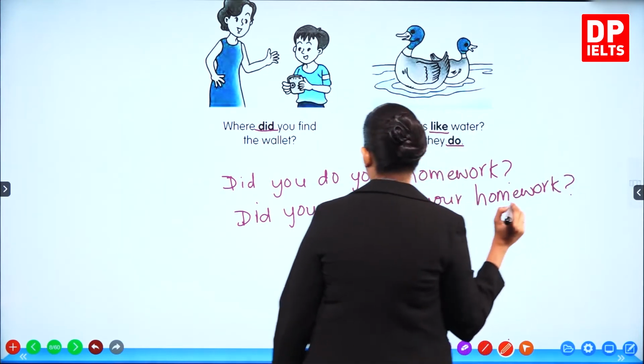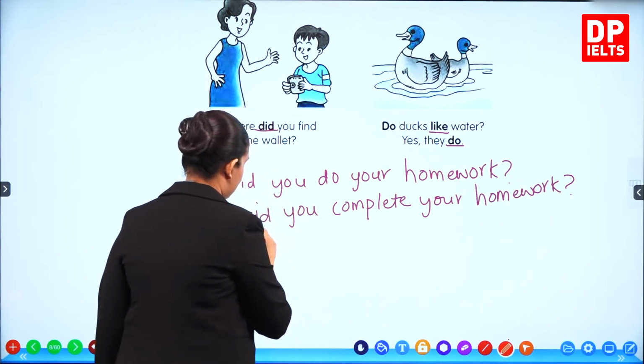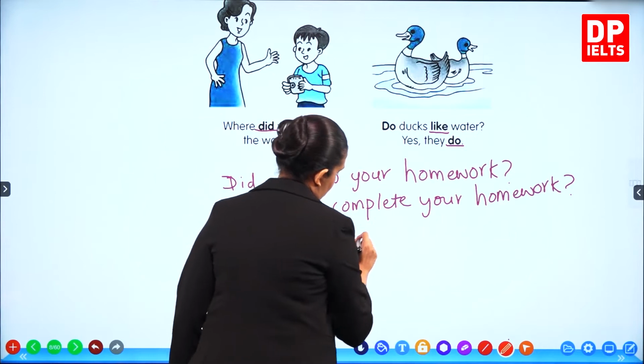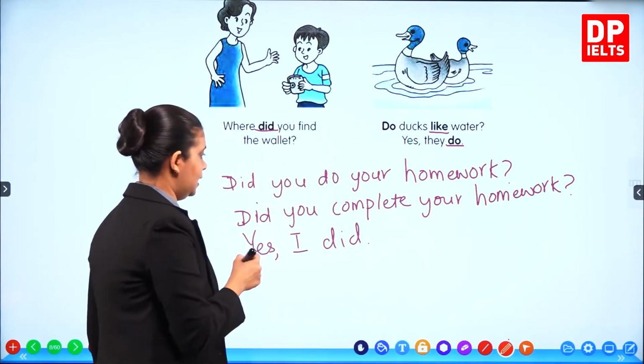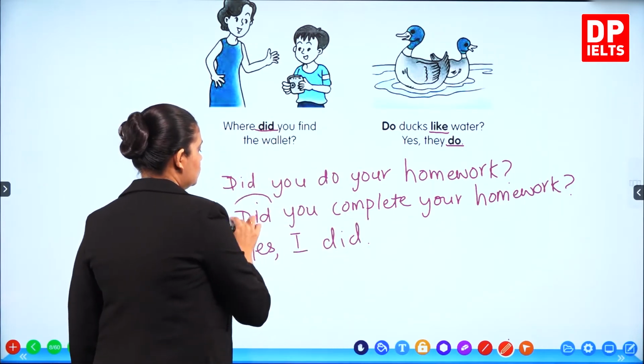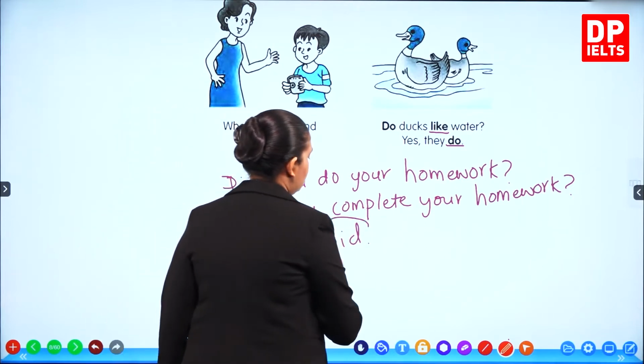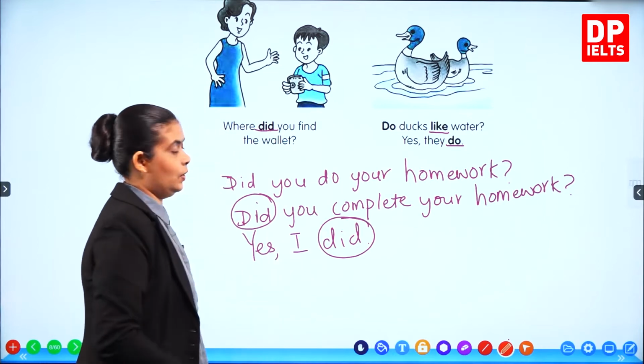So question tag. You can answer and say, yes, I did. So here you can see did is used to ask a question. Did is also used here to answer the question.